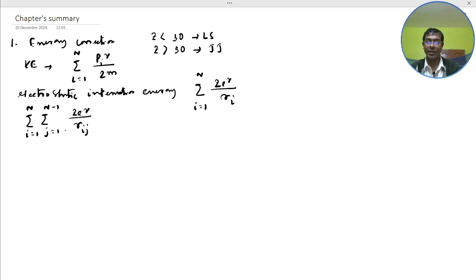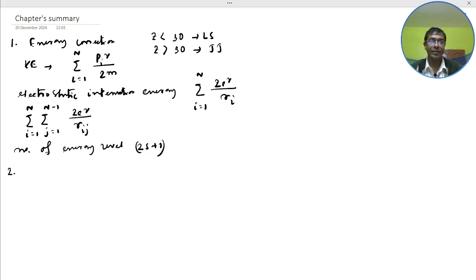This is the mutual electrostatic energy. And the residual electrostatic interactions, and here one thing is that spin and spin orbit, these are the points for the energy correction. And the number of energy levels is 2S plus 1.